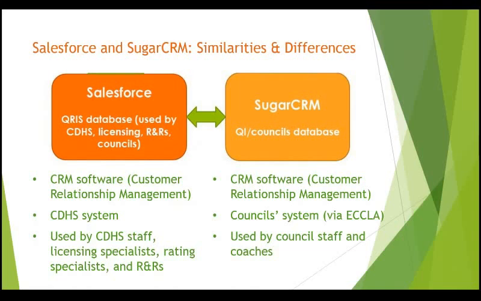They are rolling that over to ecConnect, so that ecConnect is now going to be officially the owner of the Sugar database. And then through ecConnect, all the councils will be able to use the Sugar database.